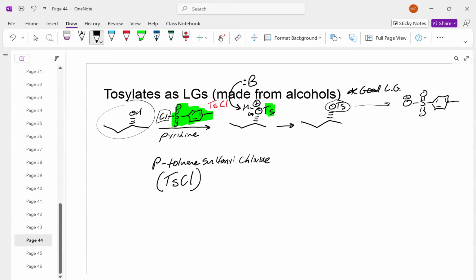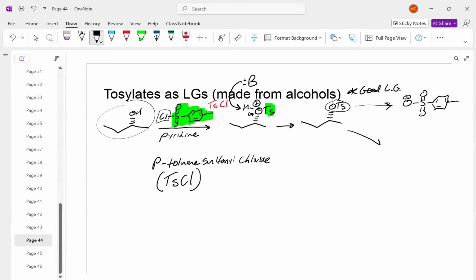I'm not going to draw it all, but it's resonance stabilized. And what this allows us to do is we can now replace that OTs group with a lot of different nucleophiles. We're not limited to just using halides. We can use a lot of other nucleophiles like CN minus or OR minus or OH minus. We could use other nucleophiles that don't have to be halides.